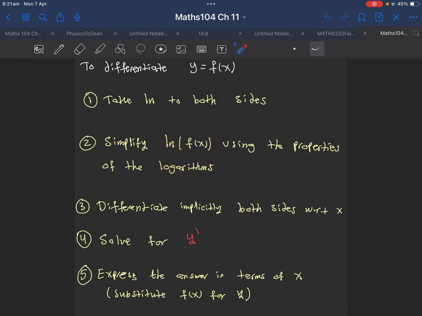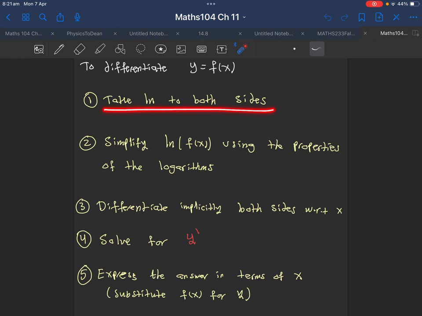That's something we have seen before. If we use the properties of the ln, the function will get easier and easier. The next step, we will differentiate implicitly both sides with respect to x. Next, we will find y prime, and finally, we will express our answer just in terms of x. Keep those steps in your mind. We will do them step by step in one example, and things will become clear.